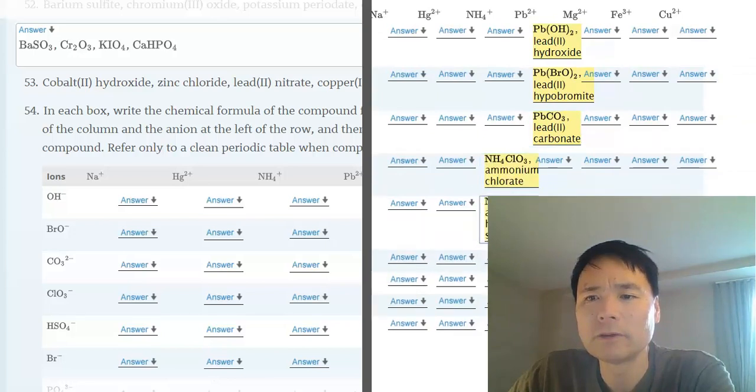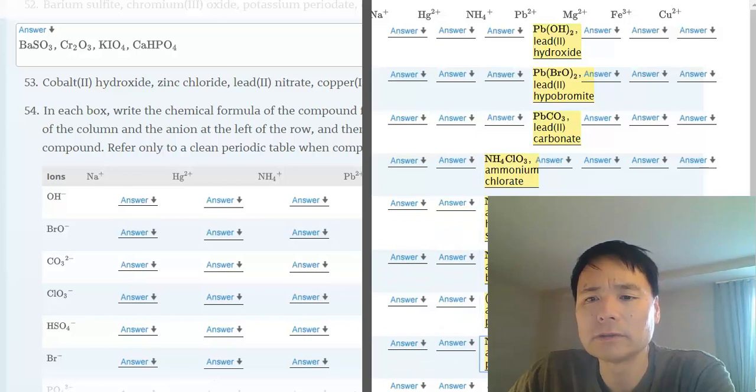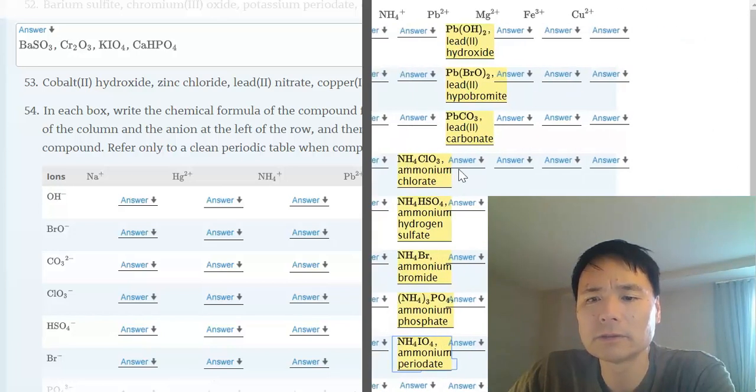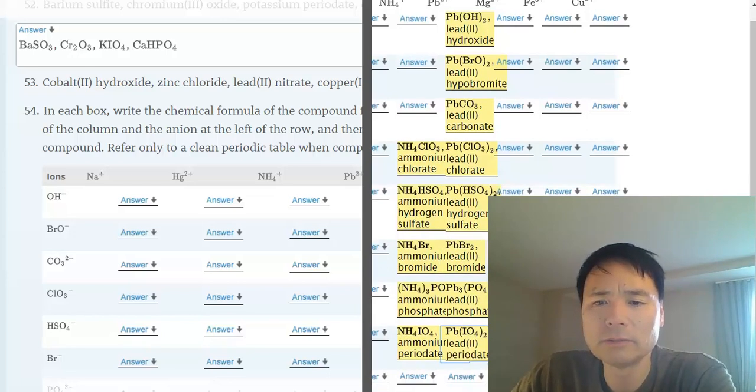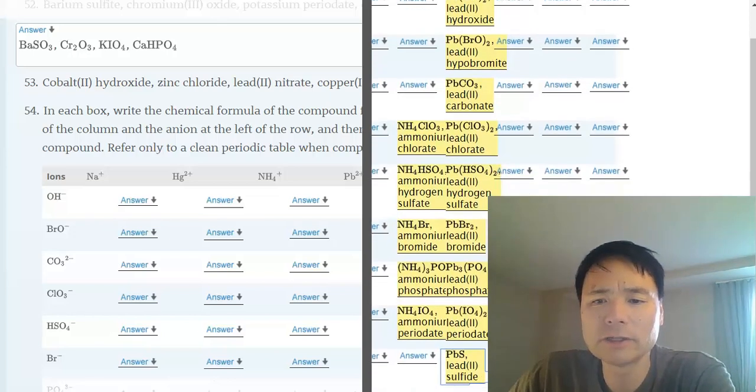Actually, I'll just do this here so we can see what anion we're dealing with here. So lead(II) chlorate, lead(II) hydrogen sulfate, lead(II) bromide, lead(II) phosphate, lead(II) periodate, and lead(II) sulfide.